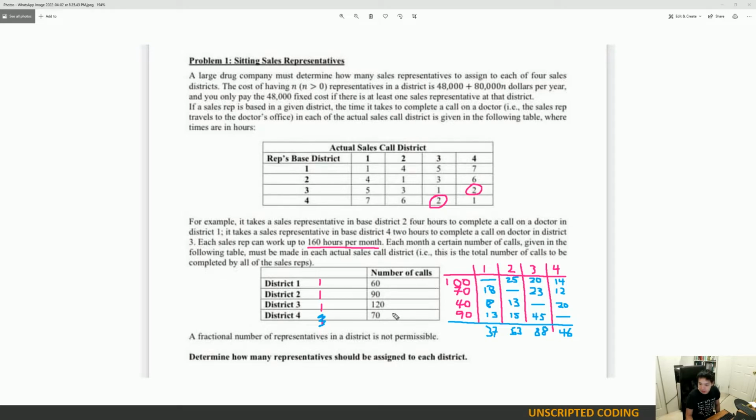So what we only have to deal with is, in reality, 24 over here, or 32, or 37, or 23 for each of these, just spillovers from the 1111 in the other districts. And what that means is if I hire 2 in District 3, there's going to be more than enough hours to satisfy this one. Okay?